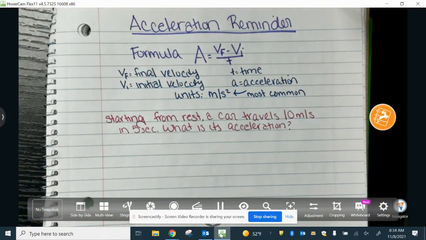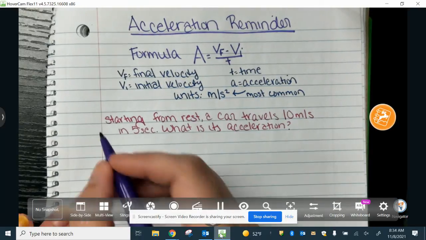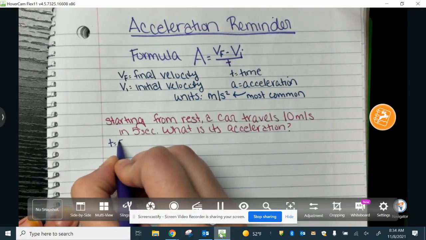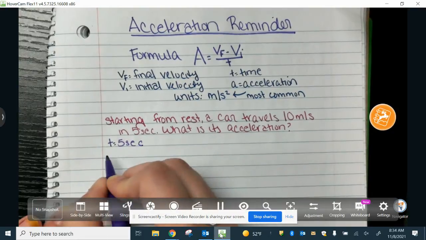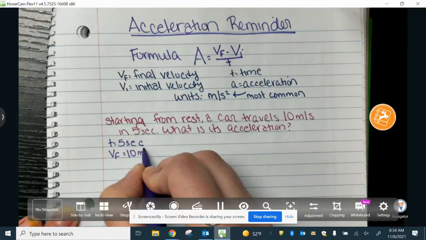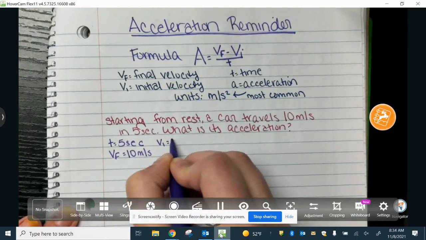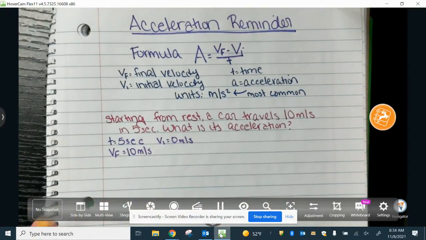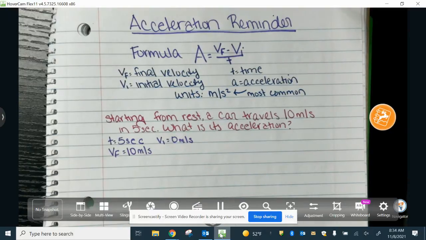So, starting from rest, a car travels 10 meters per second in 5 seconds. What's its acceleration? So we have a time of 5 seconds, an initial velocity of 0, because starting from rest, a final velocity of 10 meters per second.